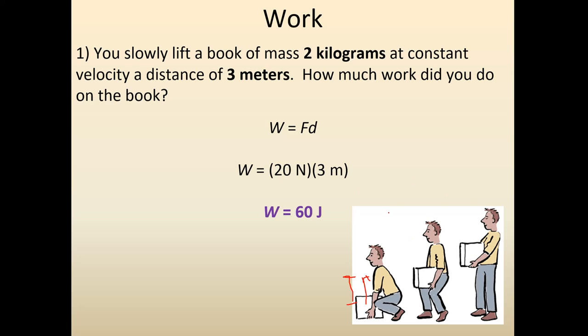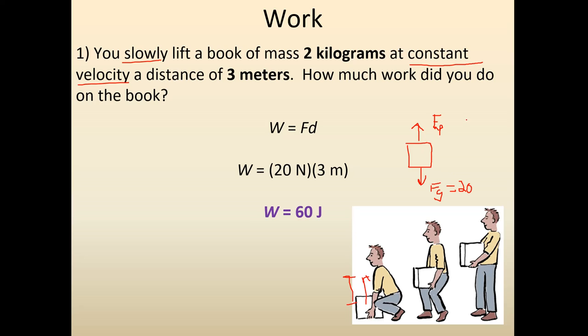Now, I know what you might be thinking is, why is the force 20 newtons? There are two key phrases: constant velocity and slowly. So the constant velocity is telling me that the two forces acting on the object are the applied force and the gravitational force. The gravitational force is going to be mass times gravity, which is 20.